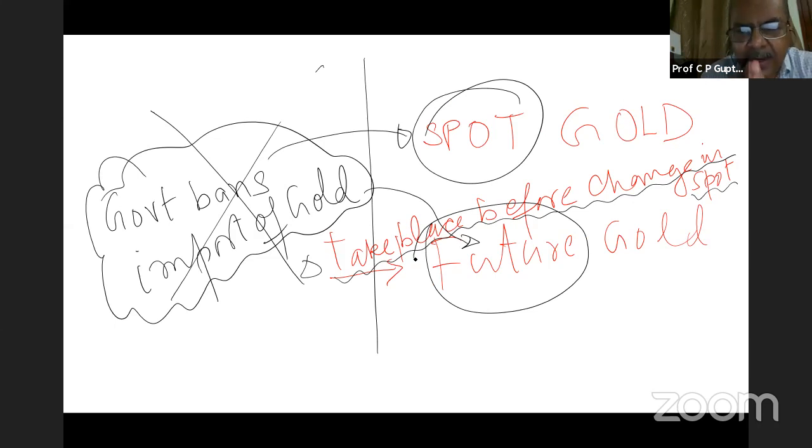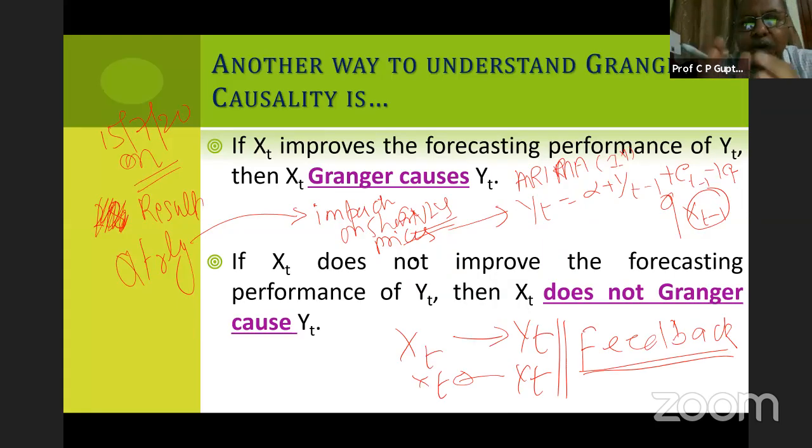Friends, I think now you can appreciate clearly what is the difference between X causing Y or X Granger causing Y. Just let me give you one crude example which will make the things more clear to you. We all know that during the festival season, during the Dussehra, Diwali season, sales are picking up.